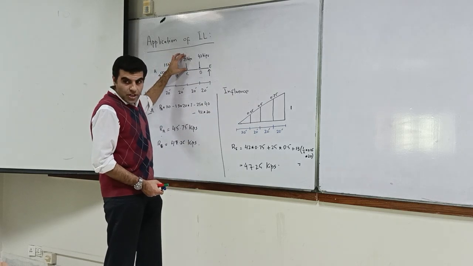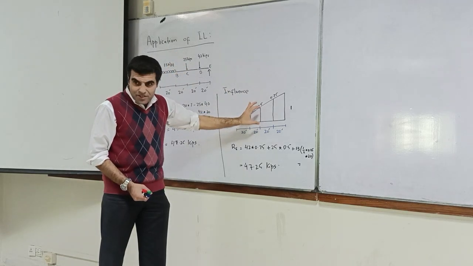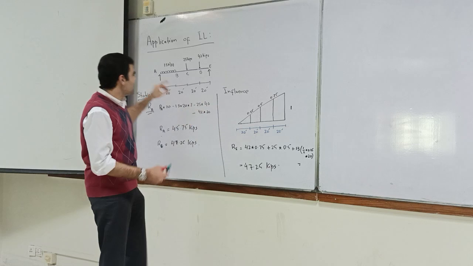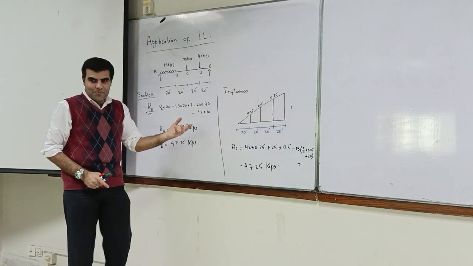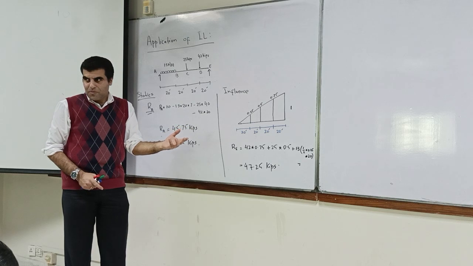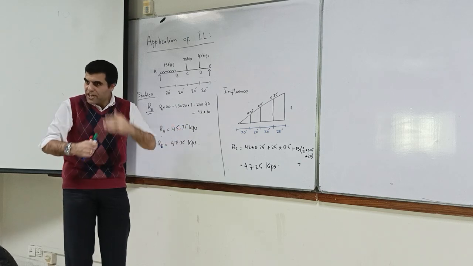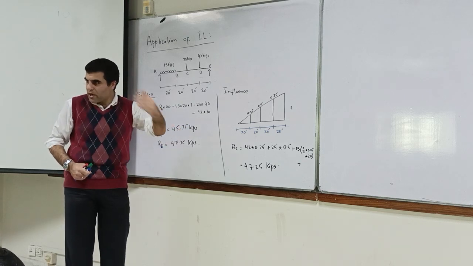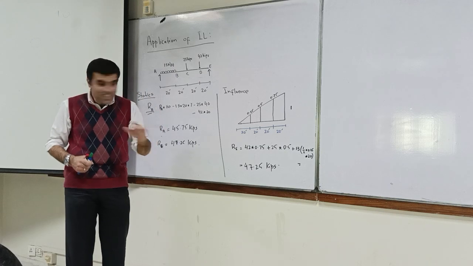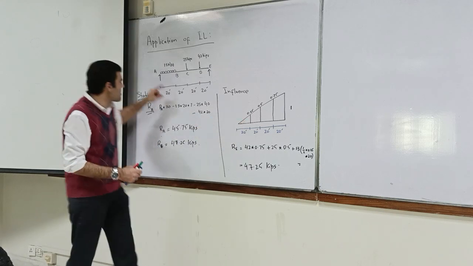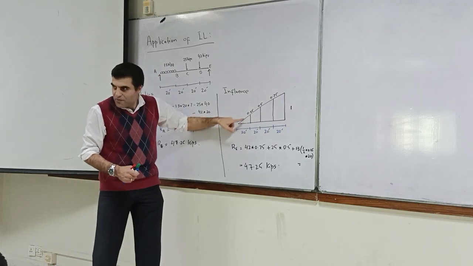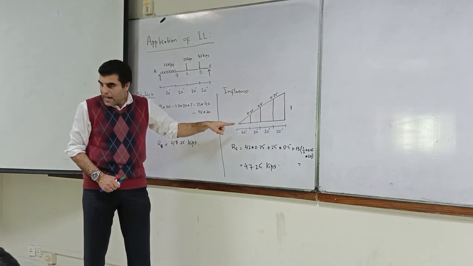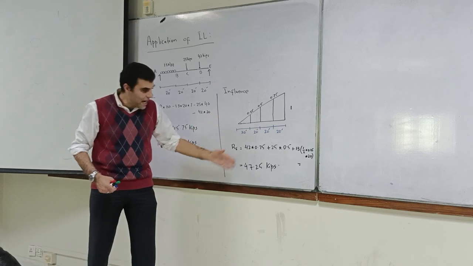The other load you multiply with that magnitude, and then the UDL you multiply with the area. Why? Because it's a uniformly distributed load.